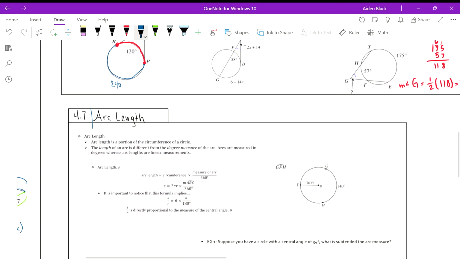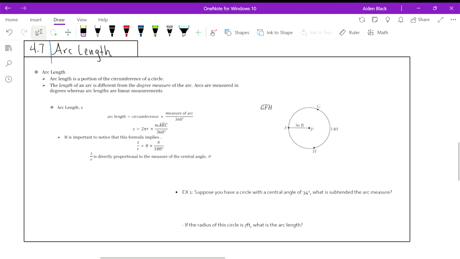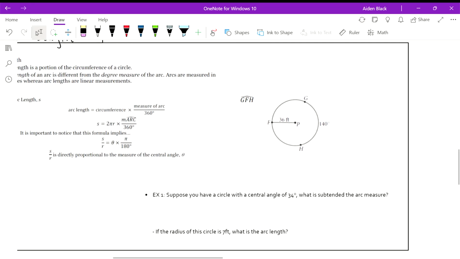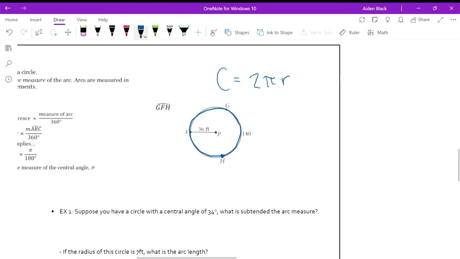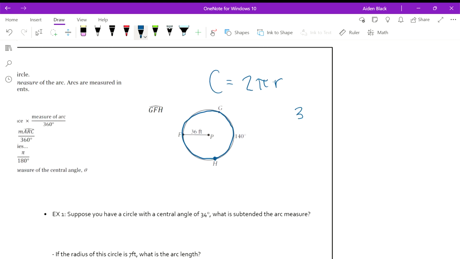Arc length. You guys then learned about arc length. Arc length is essentially just taking the circumference of any circle, which is, let's say we went around here, we know that it is 2 pi times the radius. That's circumference. But when you're looking at arc length, you want to wonder, okay, well, given something like a radius of 36 feet, let's say, you know that the circumference is equal to, what is that, 72 pi.